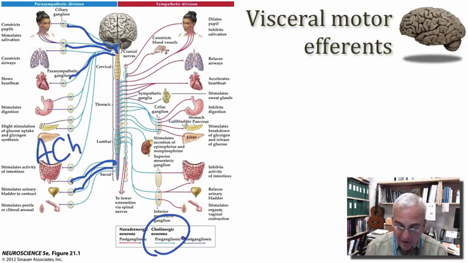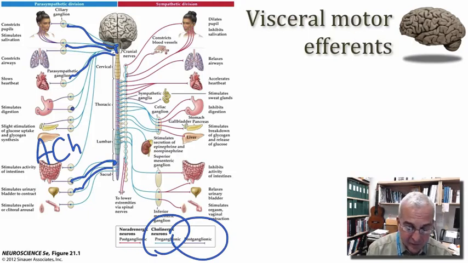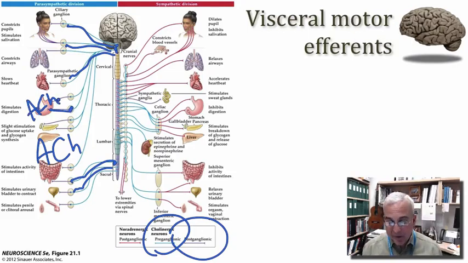Well, the postganglionic neurotransmitter of the parasympathetic division is also acetylcholine. So acetylcholine is a prominent neurotransmitter on both sides of this system.